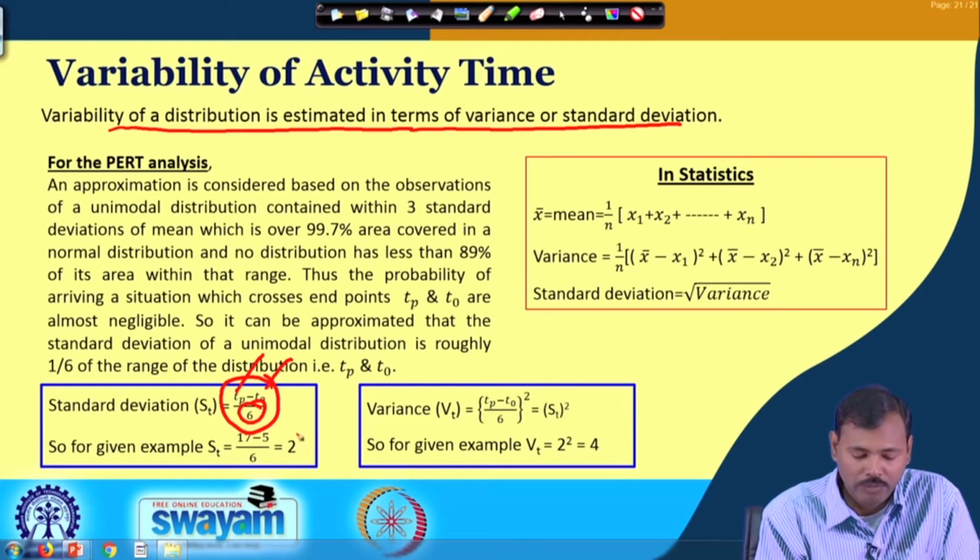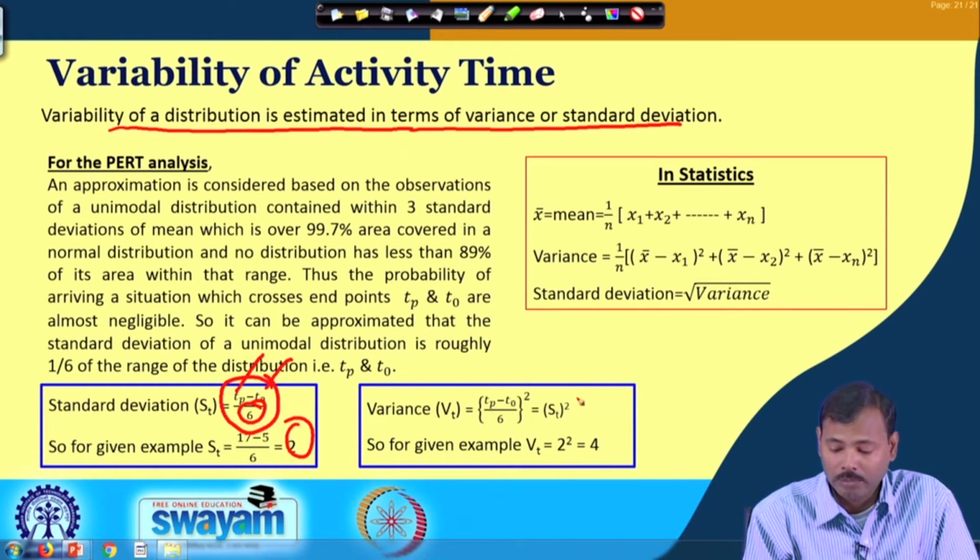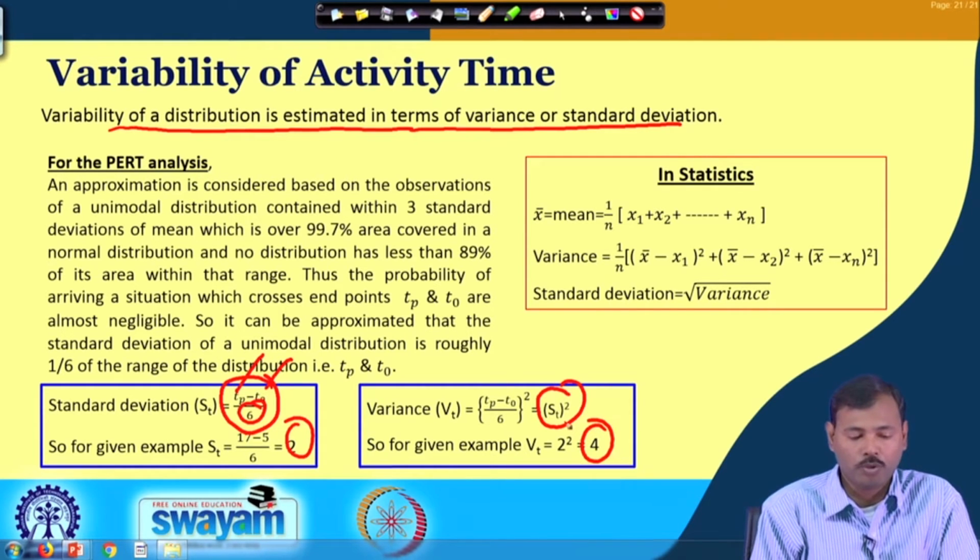So, for this given case it is 17 minus 5 by 6. So, it is coming 2 and variance is the square of the standard deviation. So, it is 2 square, it is coming 4.